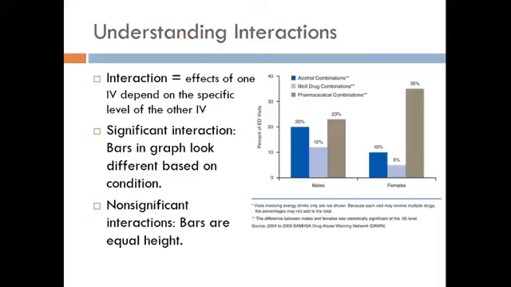If you'd seen something like that, if this 35 had been something more like 12 or 13, we would have been able to say, doesn't matter what sex you are, the pattern's similar. But instead, what we've got is a significant interaction where pharmaceuticals is way more common for females than it is for males.